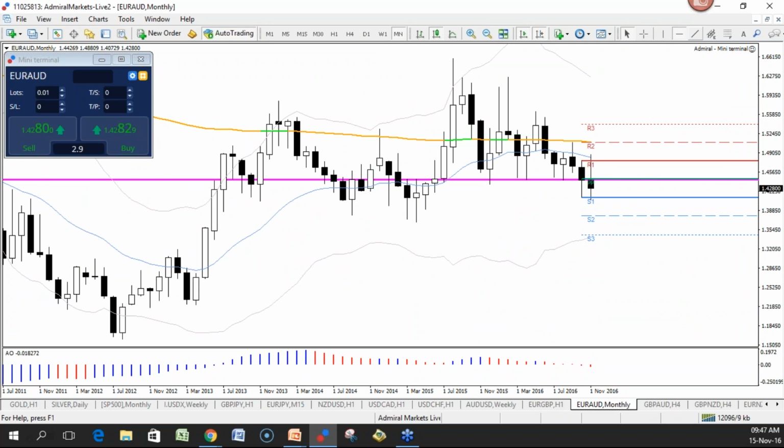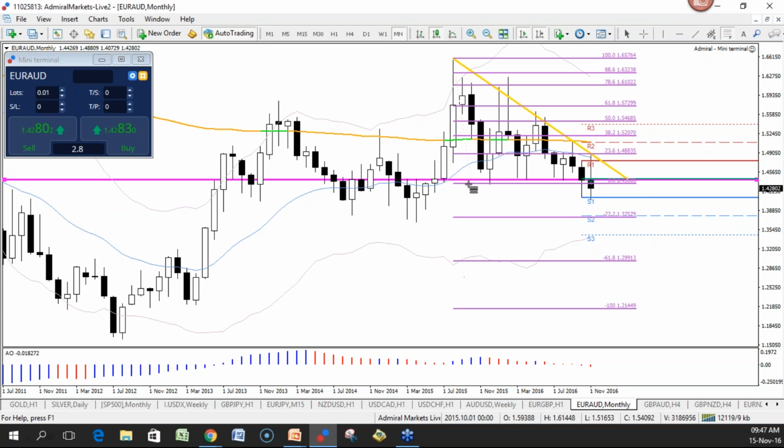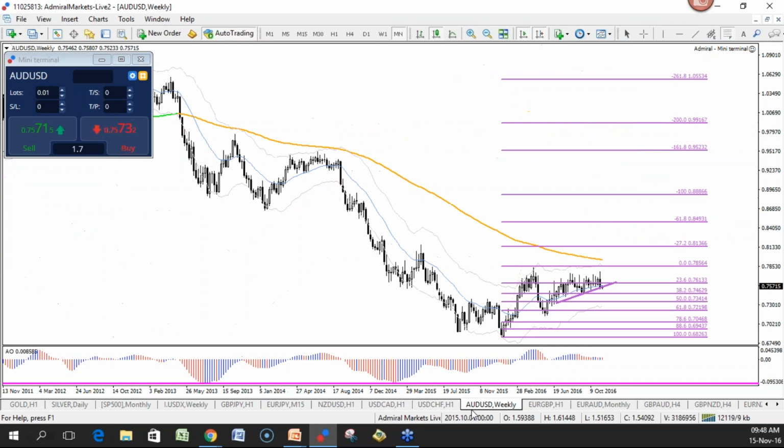And it's a descending wedge. So I think that kind of confirms that view. And it can go to these targets here.